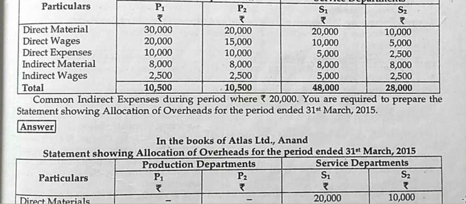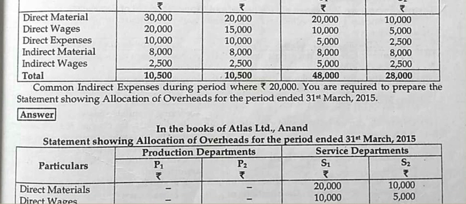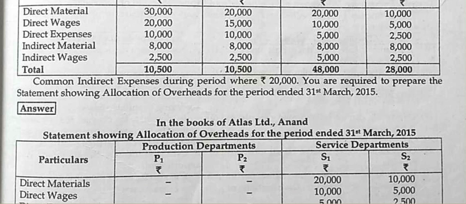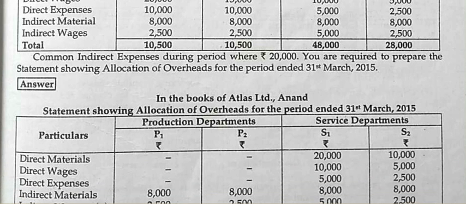Now let us see how they are presented. The amount of direct material, direct wages and direct expenses is written as it is in the answer.